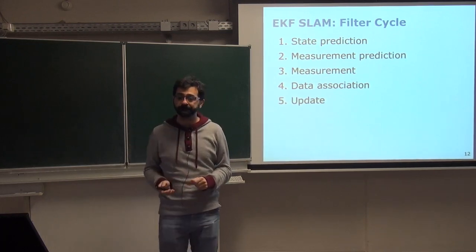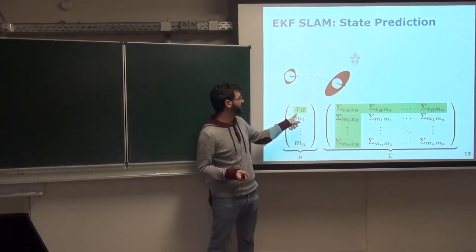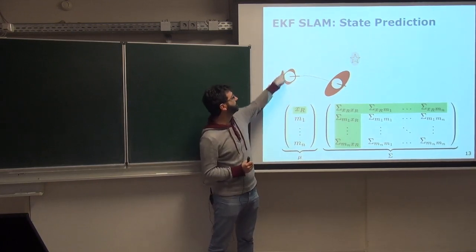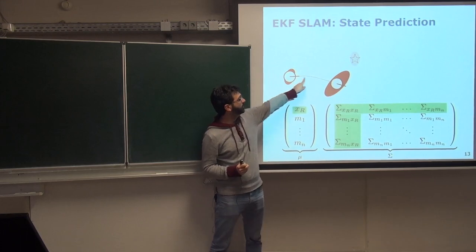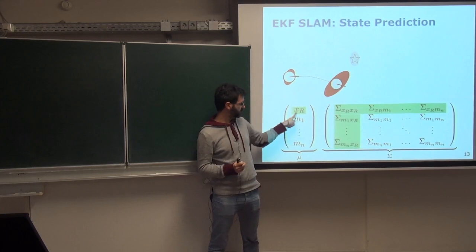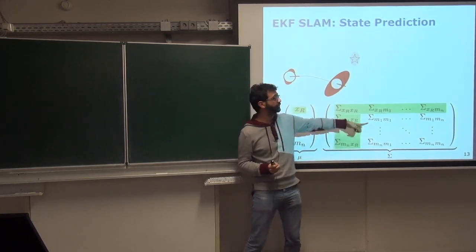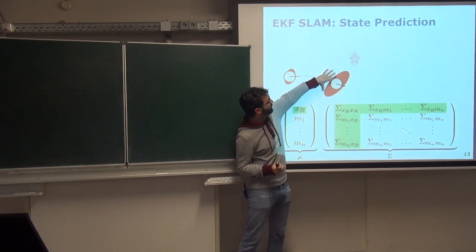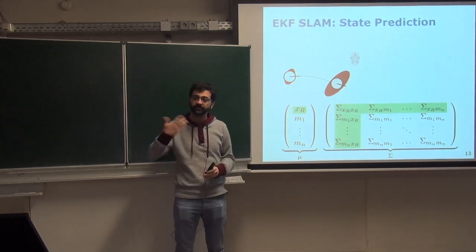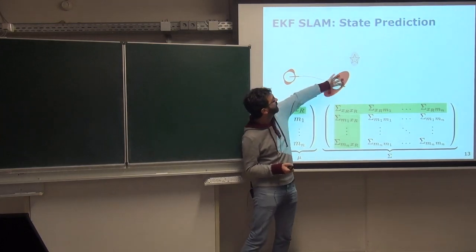Okay, so in the first step, the only thing we are interested in is the motion of the robot. That's how our motion model works. Assuming we are here with a certain uncertainty, we perform a motion, we update the mean of the robot, so this part here on the state vector, and then we update also the covariance and the cross correlation. That then gives us a more uncertain pose, because while we move, we also accumulate uncertainty over time. The motion will decide how this is rotated.